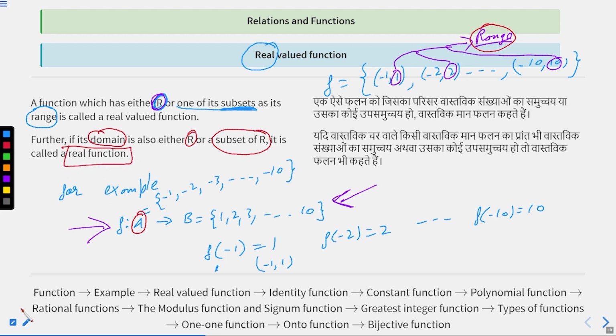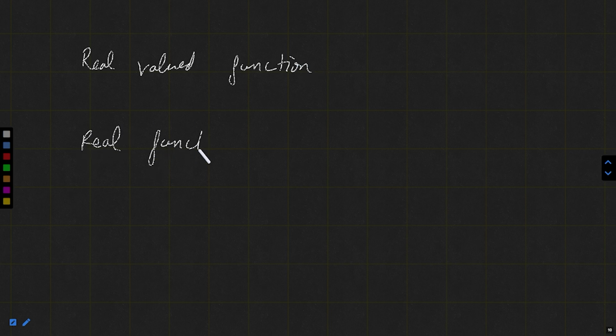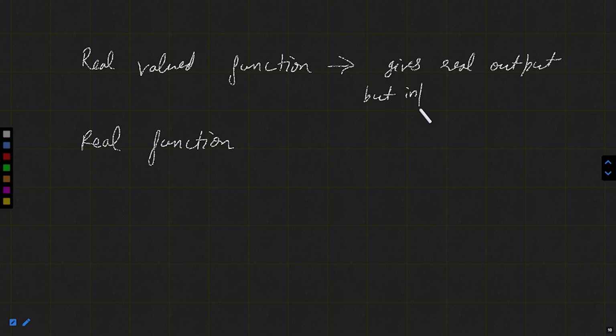I hope it is clear what we mean by real valued function versus real function. A real valued function gives real output, but the input might not be real.